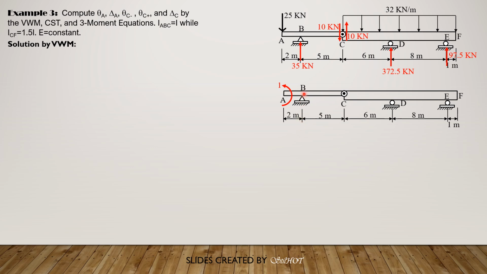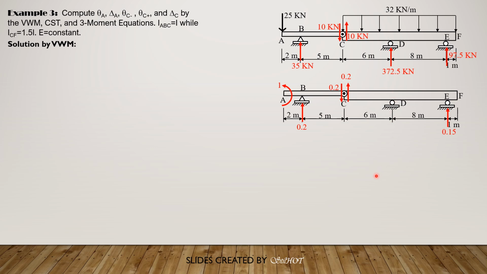So reaction at B times 5 equals 1. Therefore, the reaction here is 1/5 or 0.2 upward. Then summation of forces in Y, at C left it should also be 0.2. Action reaction, 0.2 upward just to the right of C. Then summation of moment about D equals 0. So 0.2 times 6 equals upward reaction at E times 8. So that would be equal to 0.15 at reaction at E if you consider CDE and sum up moments about D.